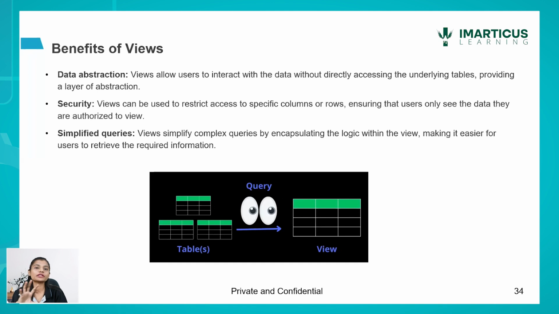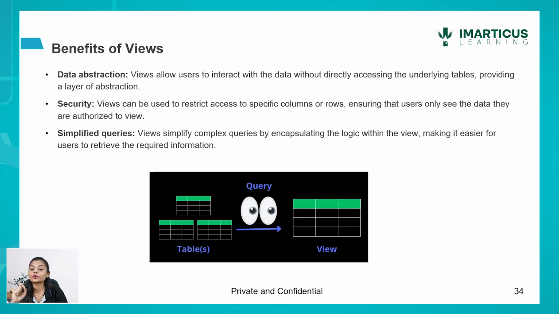Now, what are certain benefits of creating a view? It creates data abstraction. What is the meaning of data abstraction? A view allows the user to interact, which means to talk with the data, without directly accessing the actual data. It will only take the view query which is mentioned.